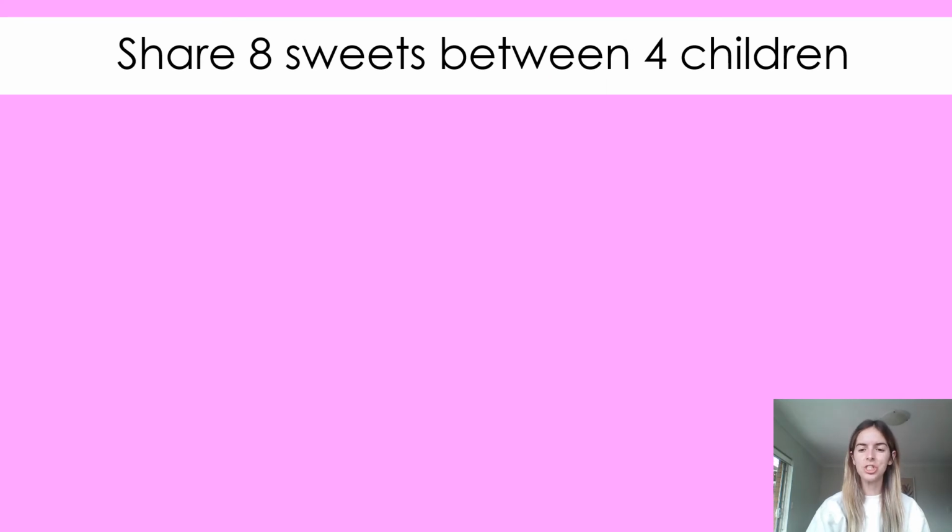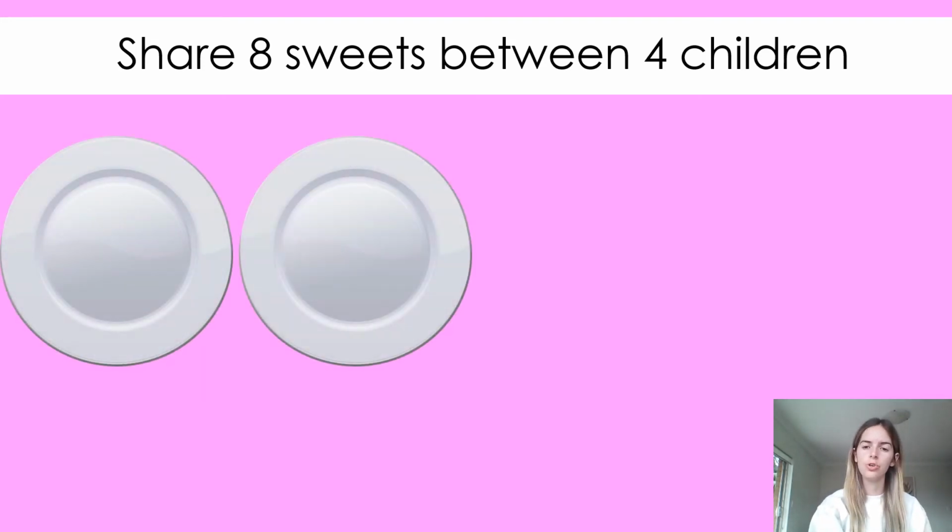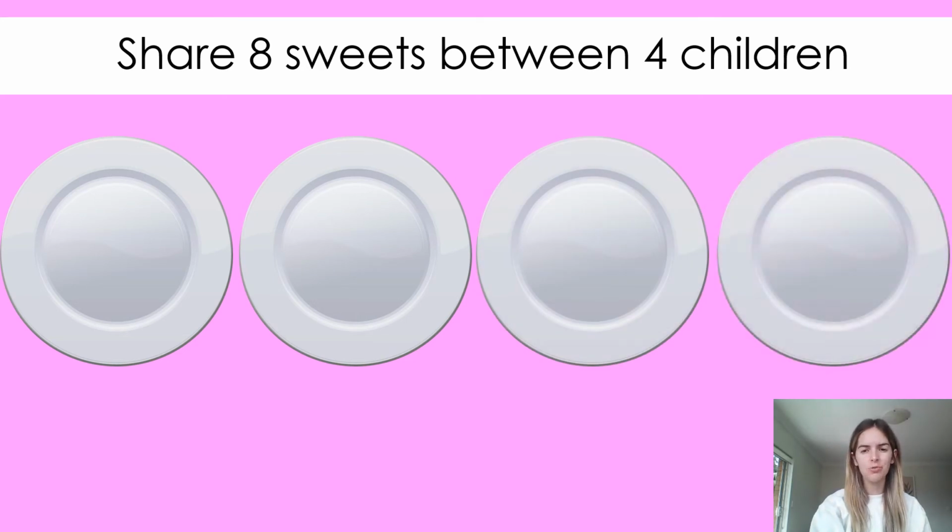Okay, so we're going to share 8 sweets between 4 children. Now the first thing I'm going to do is draw my 4 plates which represent my 4 children. So let's do that. 1, 2, 3, and 4.